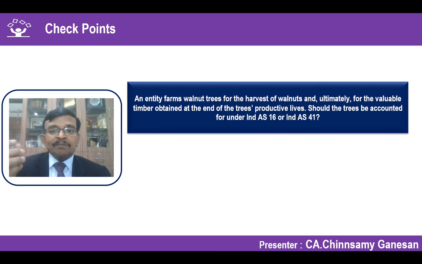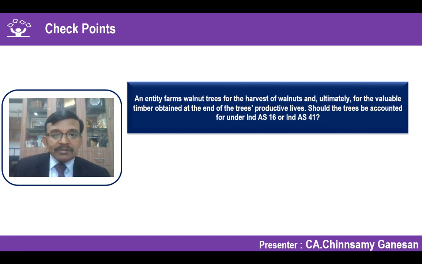And to that extent, even though it is not scrap value, it has a higher value. So because of that, whether I have to treat the walnut trees as per Ind AS 16 or Ind AS 41 depends on the intention of the management.